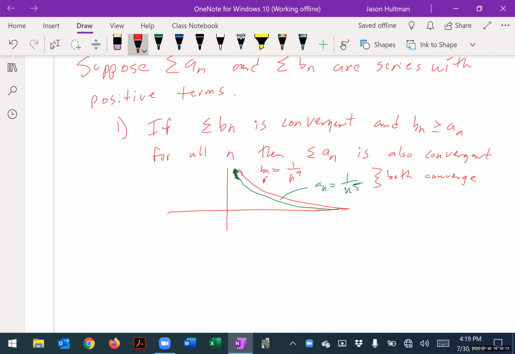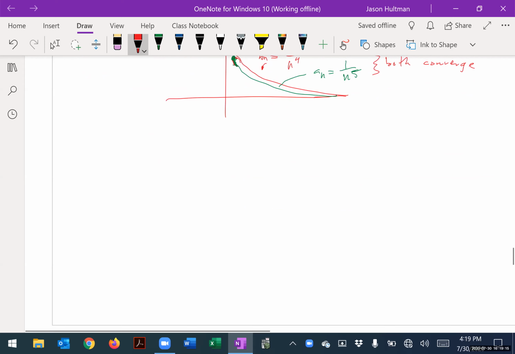Okay, both converge. Number two, let's look at the opposite of that.